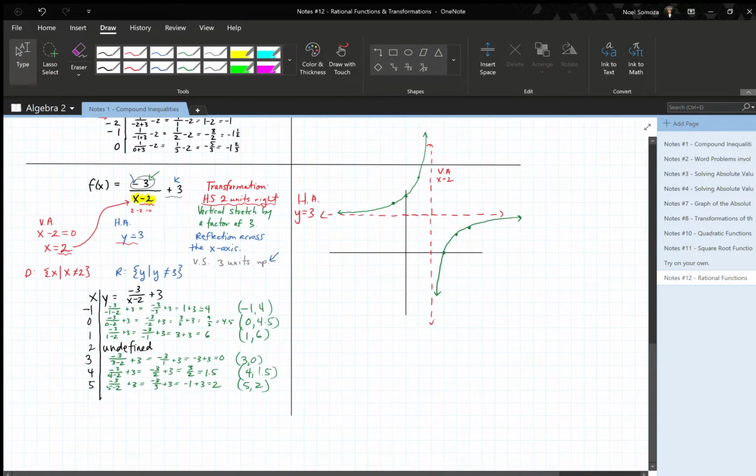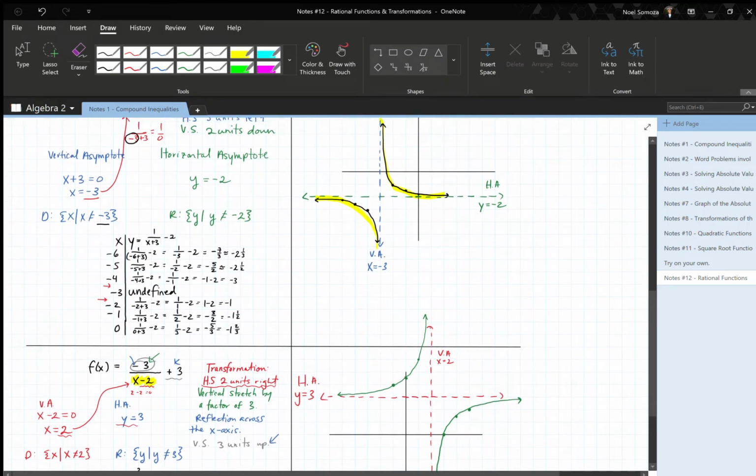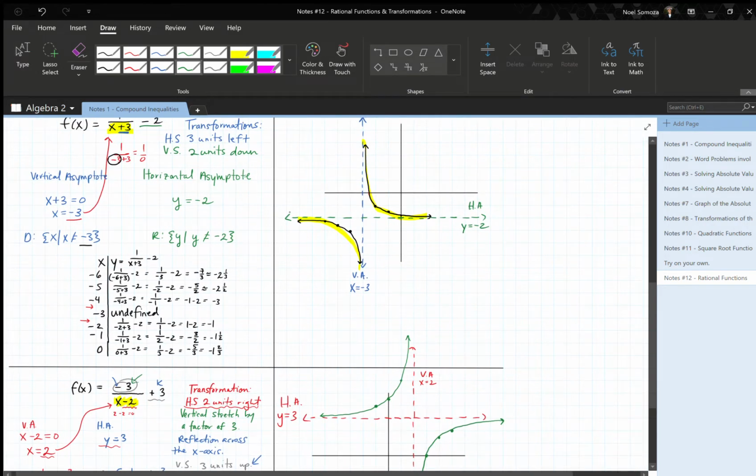This is a rational function. So notice what the reflection across the x-axis did. I can compare these two. The curve that was down here, let me highlight it, the reflection causes it to move up here.